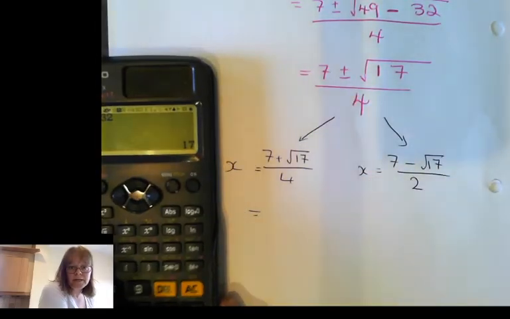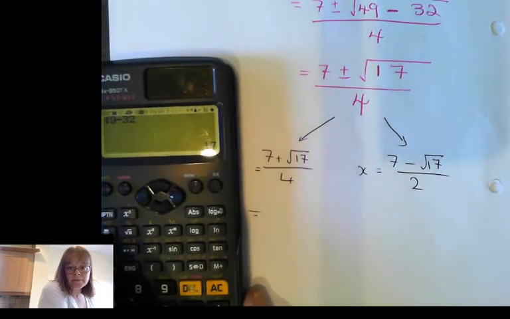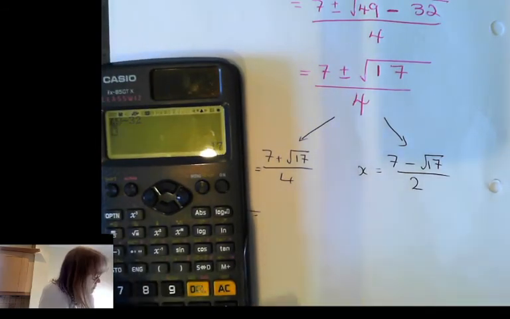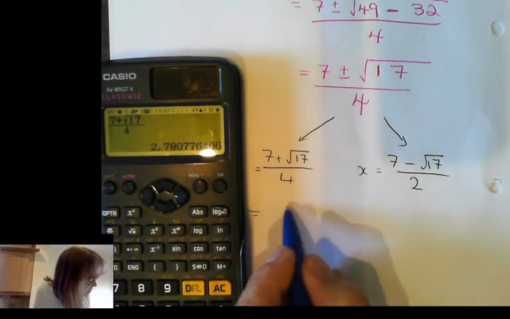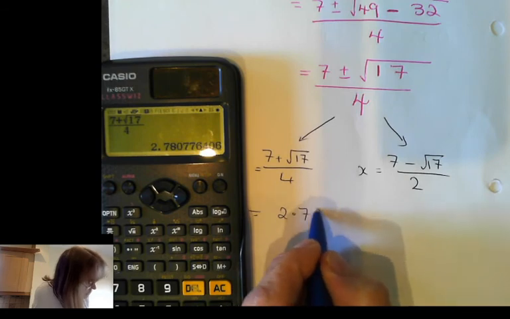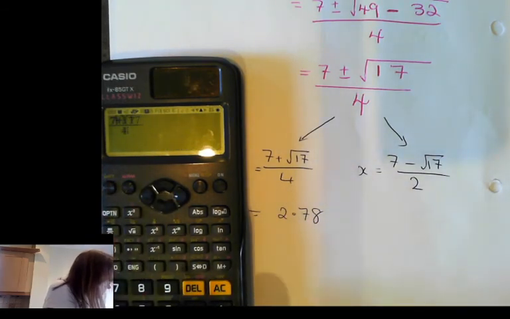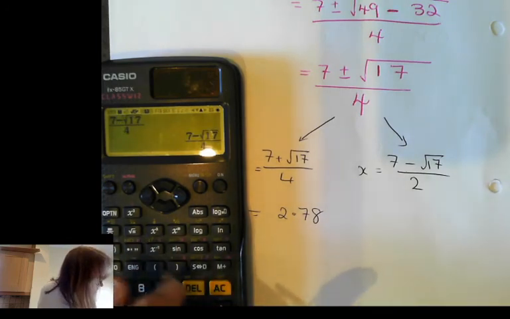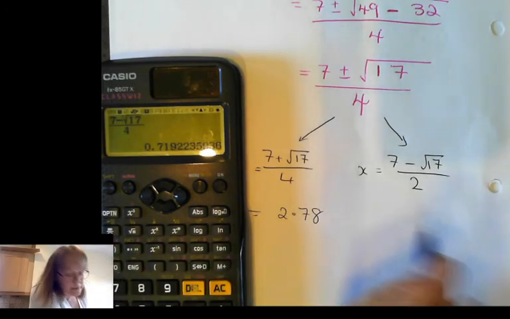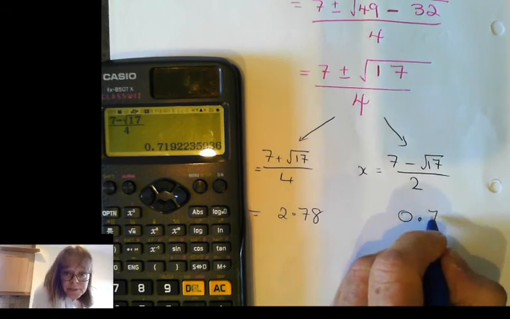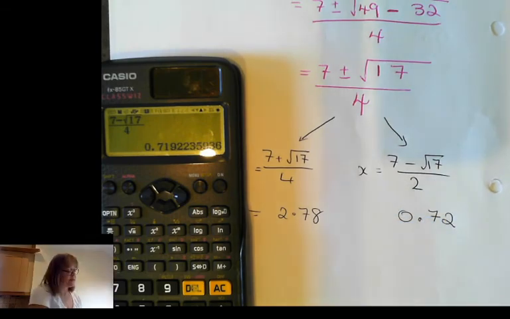Then grab my calculator and put in one with a plus sign. Press the SD button, 2.78. And one with a minus sign, and I'm just going back and changing that plus to a minus, save me typing it all in again. And that gives me 0.72 to 2 decimal places.